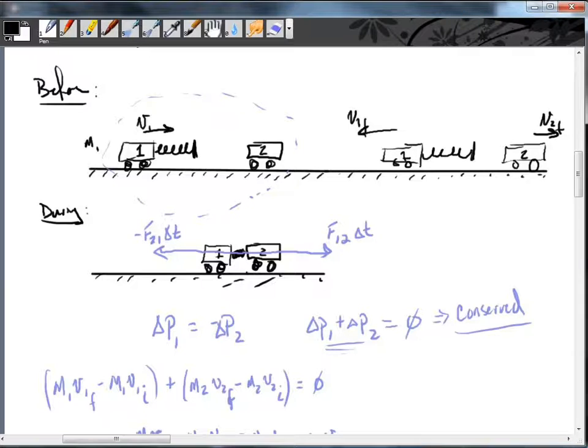All of a sudden, the second cart here has momentum, right? Therefore, it has a change in momentum, and it has acquired an impulse to make it move. That impulse is going to be equal to the amount of momentum that the other cart lost. It's a conserved value.